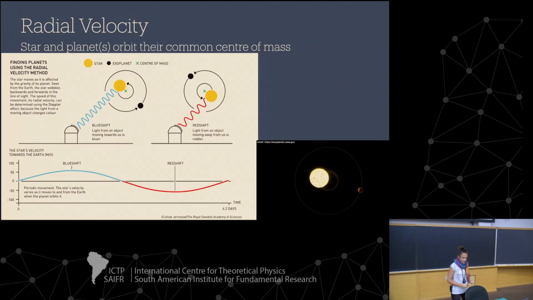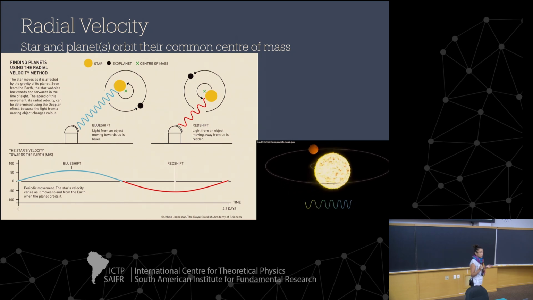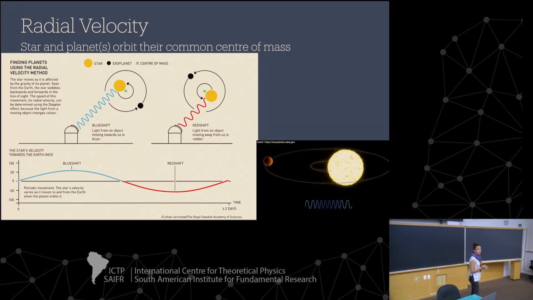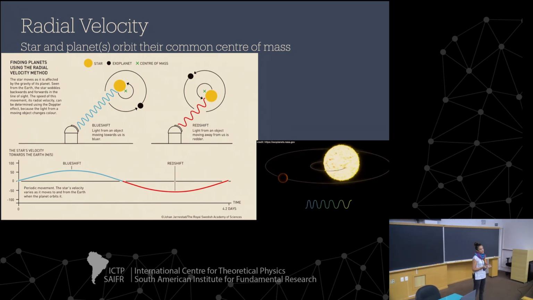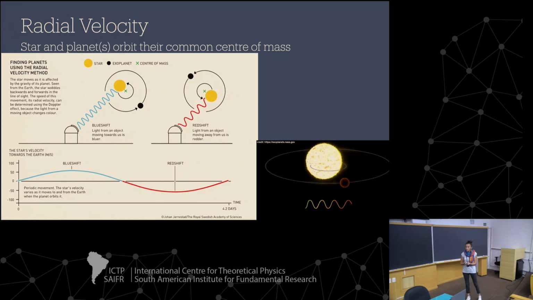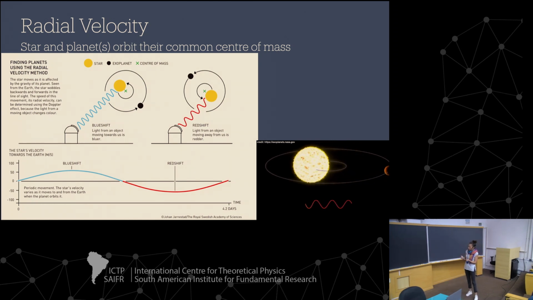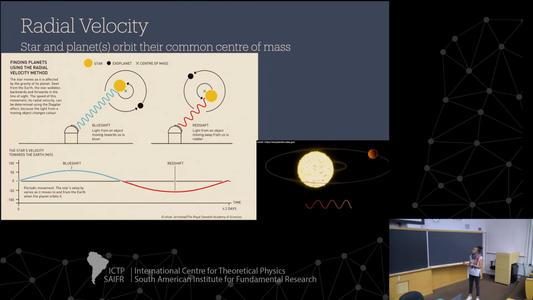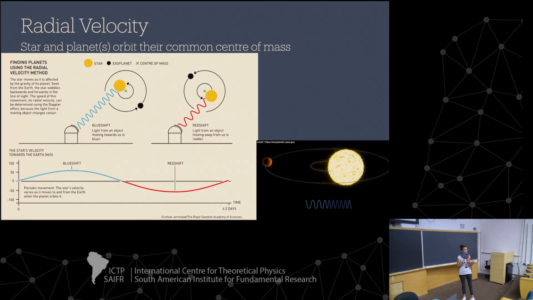Okay, so radial velocity. Basically, again, it's a binary system with one star and one planet. The two bodies rotate around the center of mass of the system. And when the star is coming towards us, we have a Doppler shift effect.